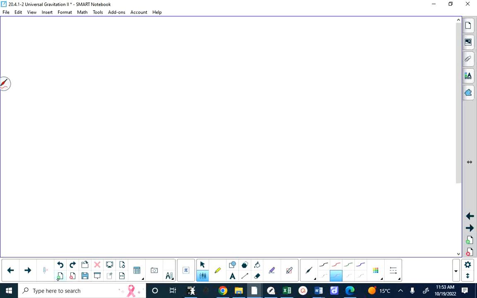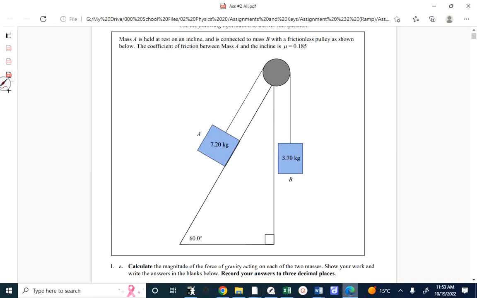The focus here on this handout are numbers 12 through 18. This is not for homework. I'm not saying you have to do every one. But when you look at questions 12 through 18, I can show them to you.